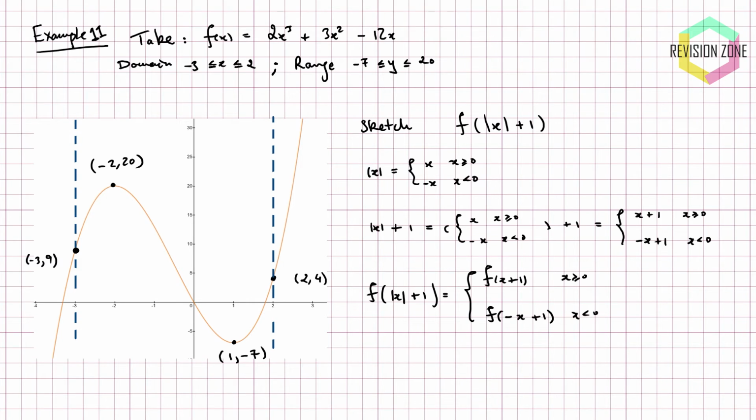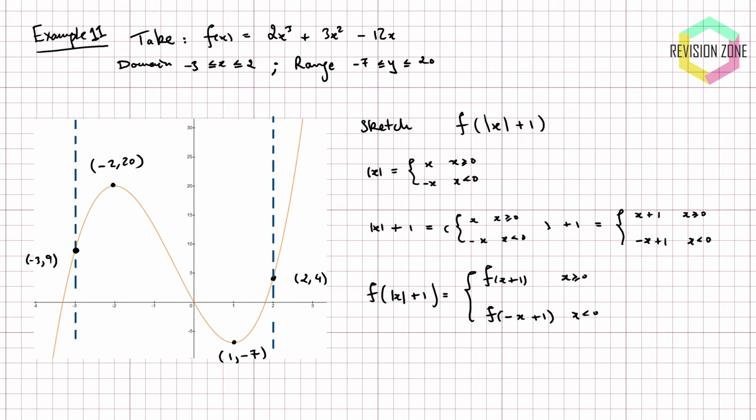So we end up with this. Since that's the definition of mod x, then mod x plus 1 is just going to be the entire thing added 1 to, and when I add 1, I just add 1 to each branch. That basically gives me mod x plus 1 to be the same as x plus 1 for x being non-negative, and negative x plus 1 for x being negative, okay?